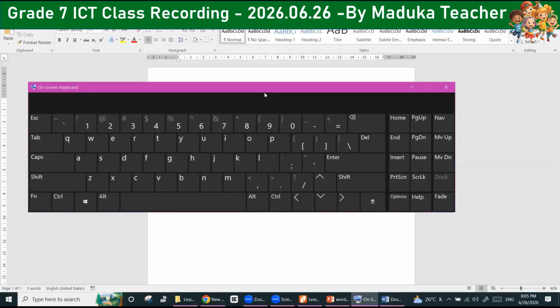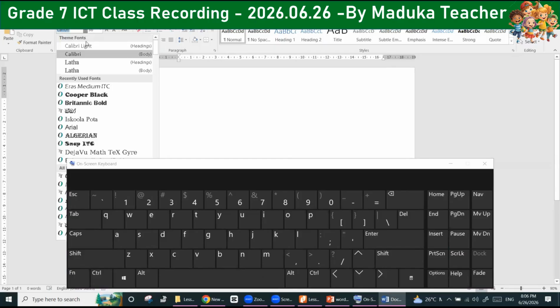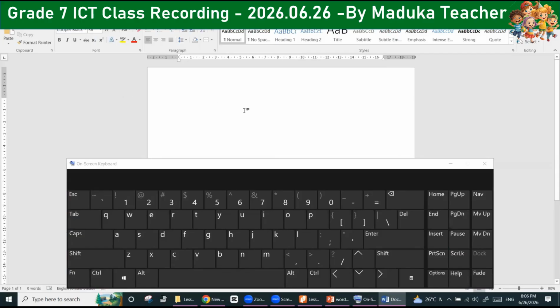This is my screen. I want to type something. Here I can type using these keys.